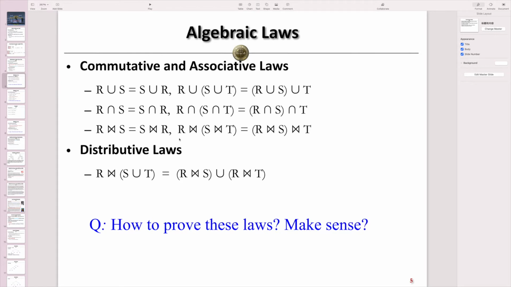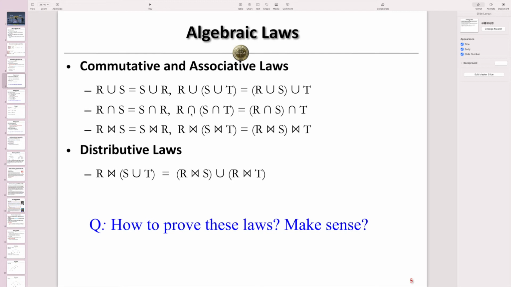Besides pairs of relations, we can also apply these operators to three relations, right? R, S, and T. So given the relations R, S, and T, if we compute R union the S union T, the result will equal R union S and then union T, right? In other words, if we compute the union of R and S first or S and T first, the result will be the same. It will be similar for intersection.